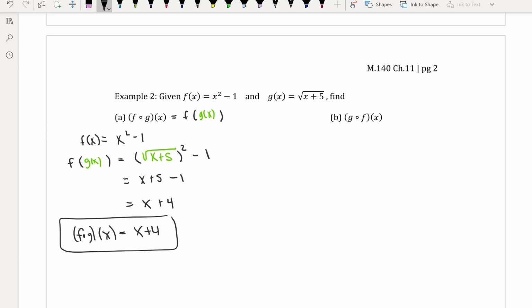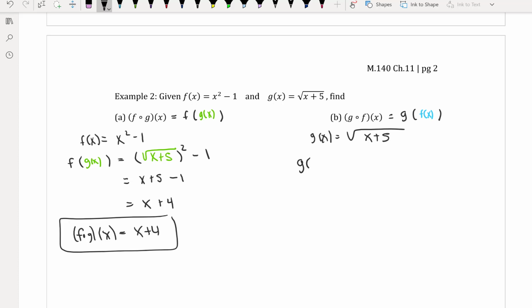Now for part B, what ends up happening is now it's swapped, right? Now g is on the outside. So you're just like, okay, so now what we're saying is that g is on the outside. So what I'm actually plugging in is going to be my f function. So okay, my g of x function that I'm working with is the square root of x plus 5.